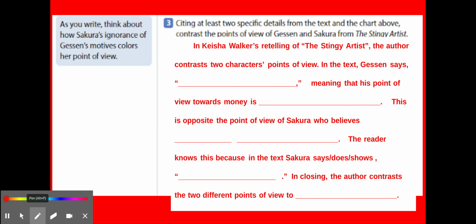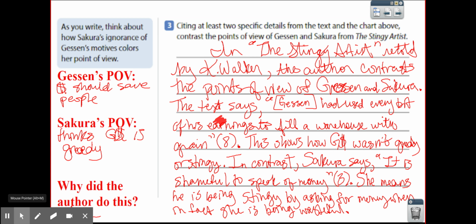Ms. Murray's got an error. This is the opposite point of view of Sakura, who believes blank. So this is where you can tell me what she believes. Now, guys, we've got the stuff that we just wrote over here on the side about point of view. These blanks, those are good places to put that stuff in.